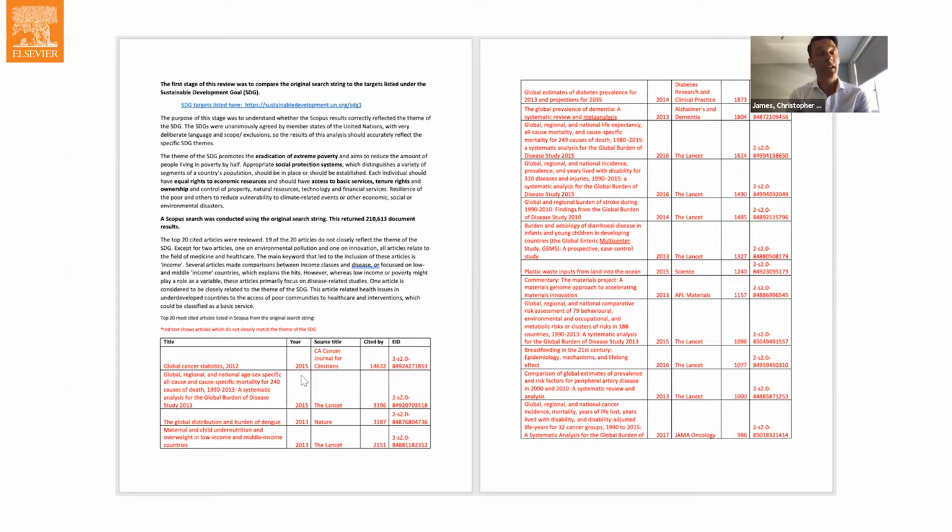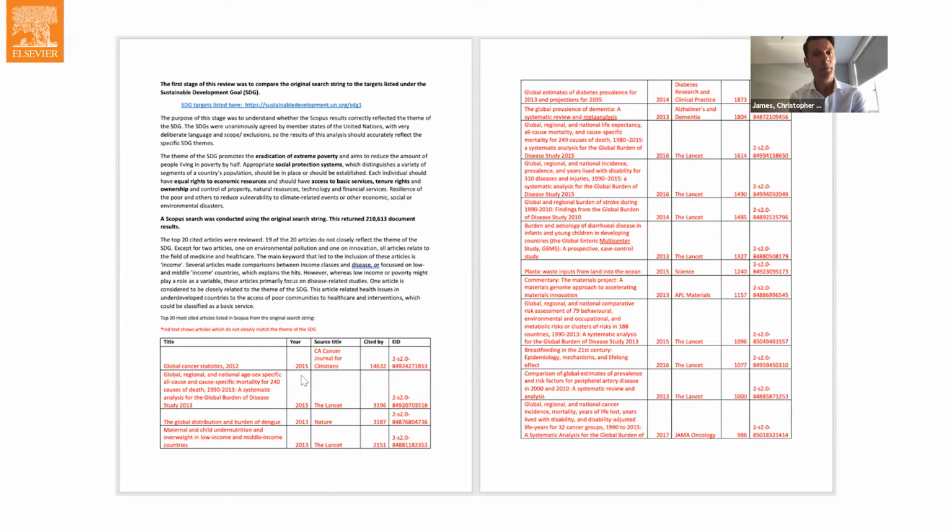So we looked at the initial search strings. Below, you can see we took the initial search string and looked at the top 20 cited articles and also at a random 20 articles. Then we read the titles and abstracts, and even went into the full text if necessary, to see whether the article is really working towards the goals of this SDG, or is what we call a false positive.